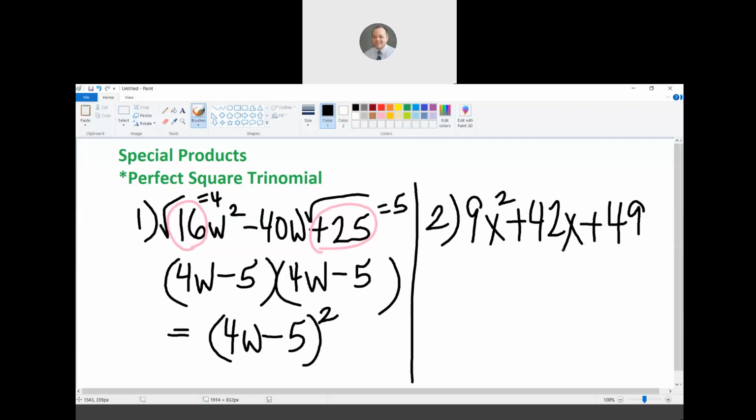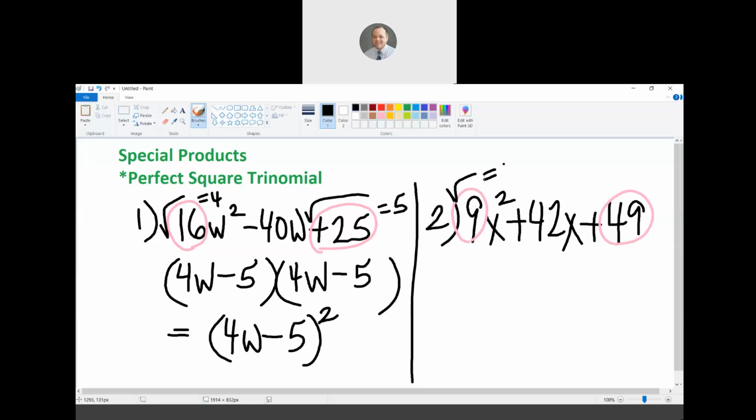Before you perform your 5 steps, look at your first number and your last number. If your first and last number are perfect square roots, then you can use a shortcut.